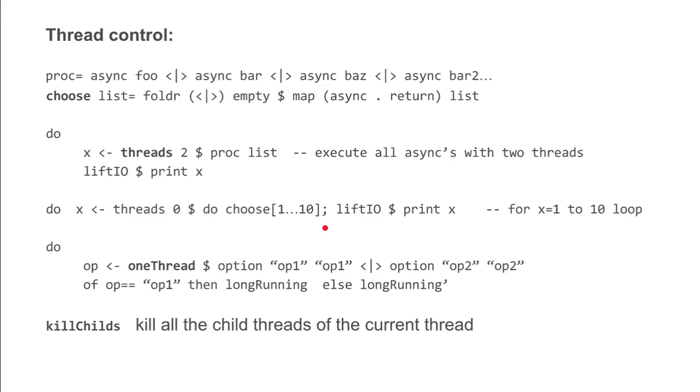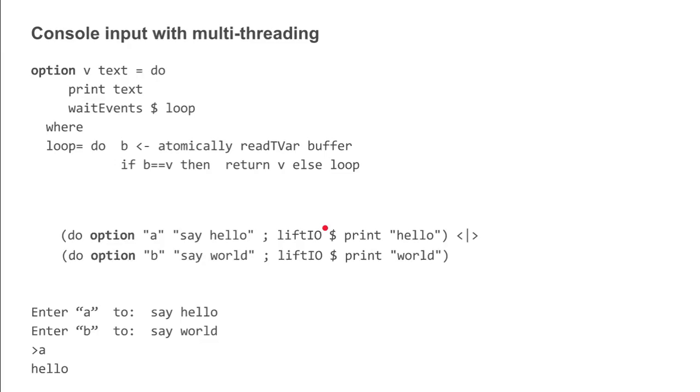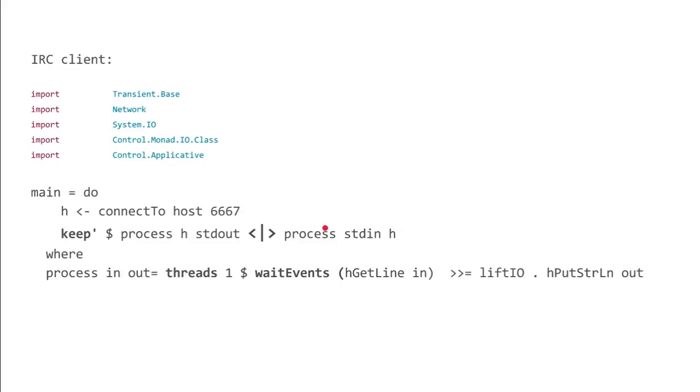And by the way, we saw in the IRC client that we use threads 1. That is because if we don't control the threads to 1, it might be that messages arriving here can mix together, because waitEvents will read from the socket very fast and might clutter the standard output.